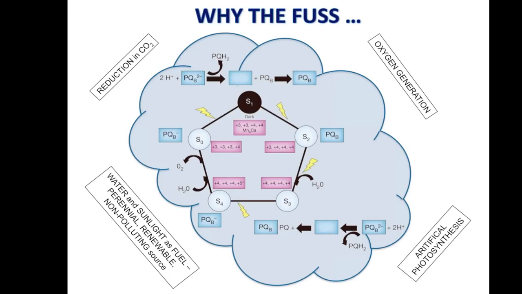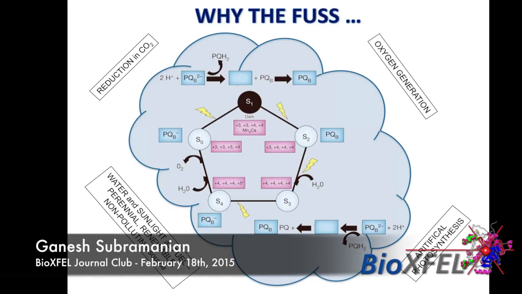So at S3, if you can see this diagram, when the S3 state is reached, one of the plastoquinones can get 2 electrons and move away. When this happens, you're removing plastoquinones out of the contact site, which will alter the crystal structure. That is why it is assumed that this may be the reason for the huge variation in the crystal lattice units and parameters.